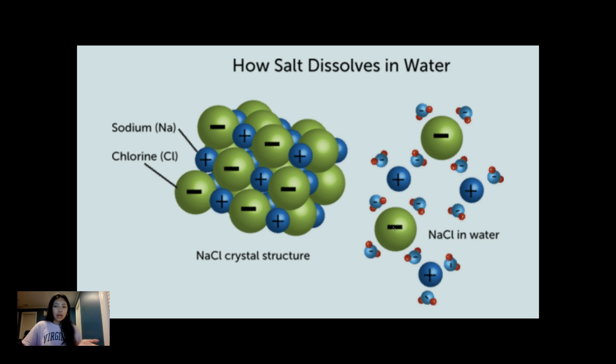Over here you can see that this chloride atom is separate from this sodium atom. And then you can see that the positive charges of water are interacting with the negative charge of the chloride, whereas the negative charge of the oxygen is interacting with the positive charge of sodium. So you just have to remember to do that.